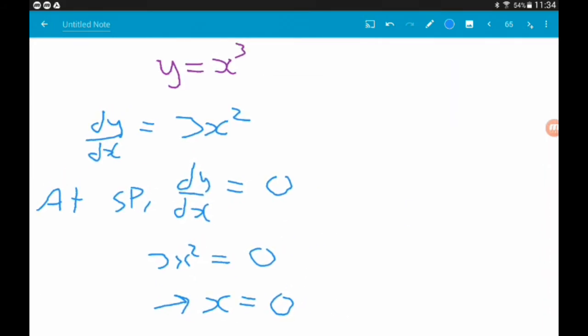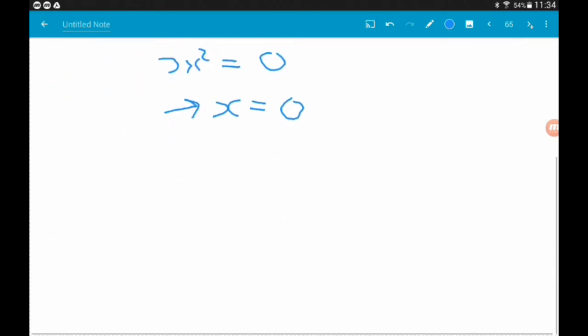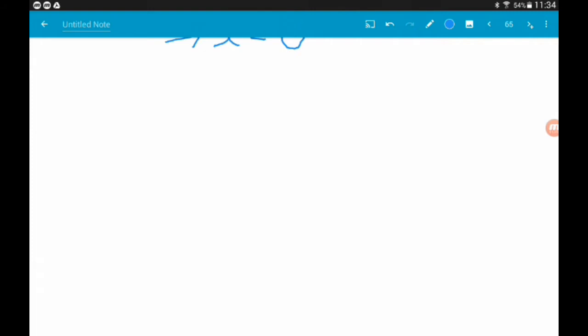So we would then substitute that into the function to get our y coordinate of the stationary point. y is 0 cubed, so y is also 0. So the stationary point is at 0, 0, as we all probably knew, and we all probably know what type of stationary point it is.